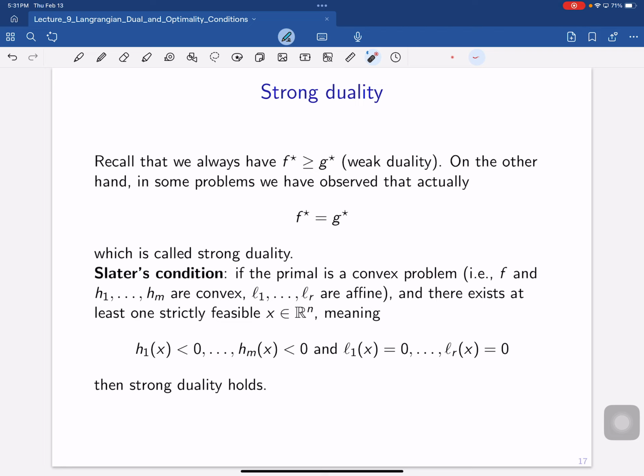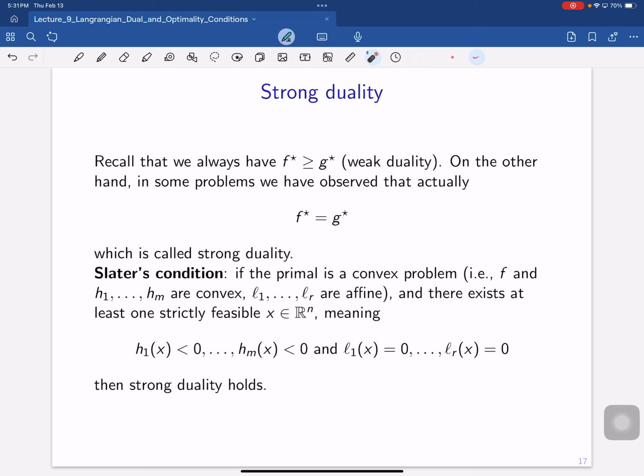Slater's condition is saying if the primal is a convex problem, F is convex, all the H are convex, L's are linear functions, then there exists at least one strictly feasible solution. Strictly feasible solution means there exists X where all the inequality constraints hold strictly.